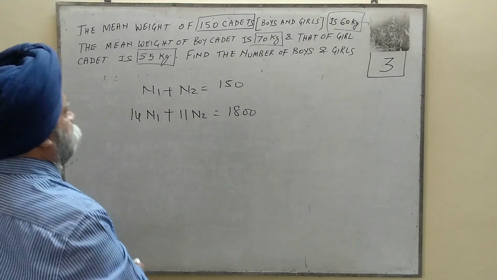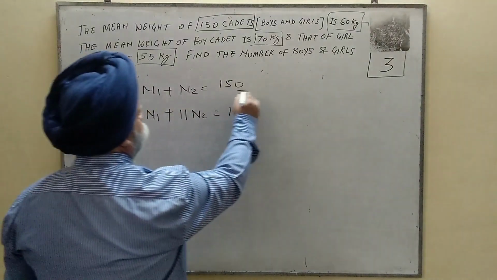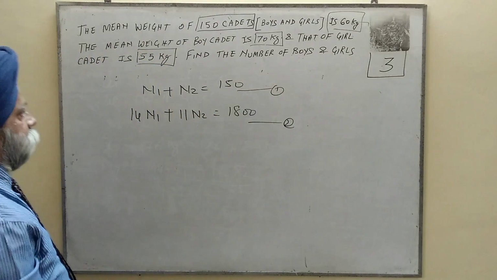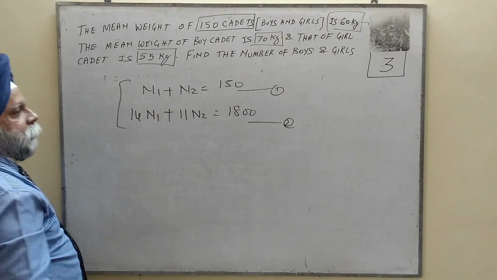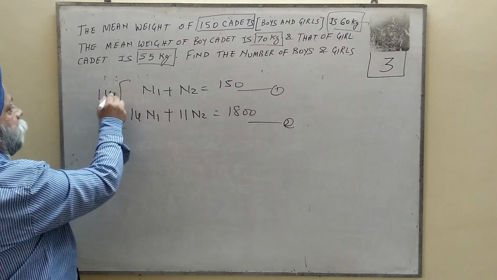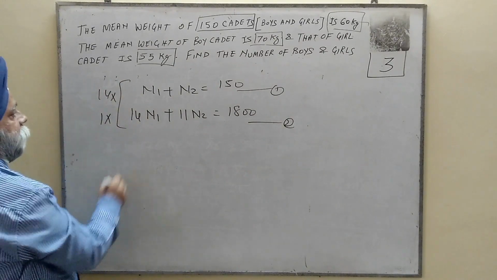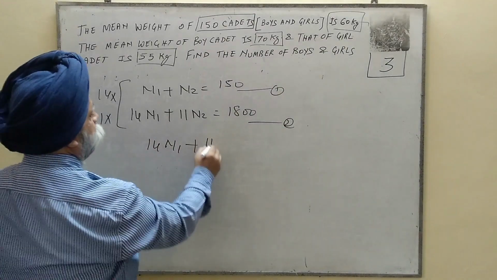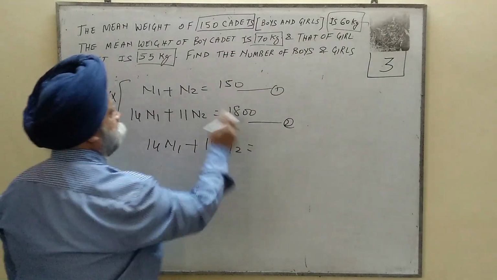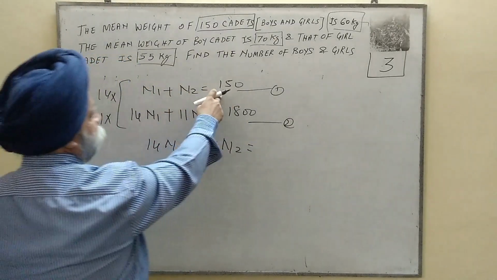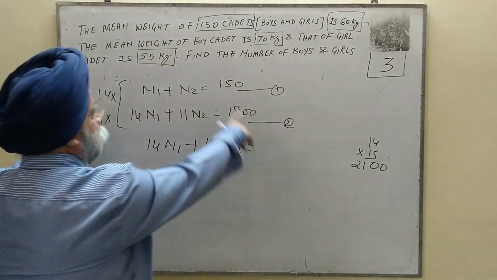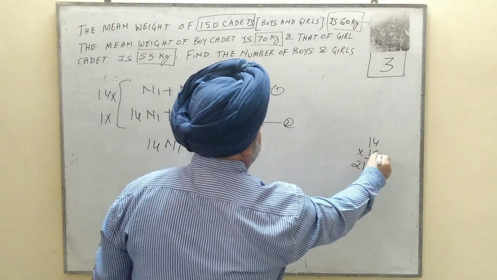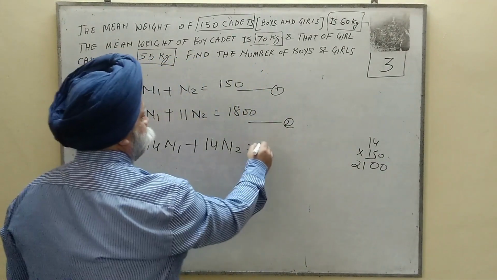Now solving the first and second equation, this is first equation, this is second equation, by linear form. Linear equation, 14 ऊपर मल्टीप्लाई कर देंगे, 1 इधर मल्टीप्लाई कर देंगे. 14 N1 plus 14 N2 is equal to 14 into 150, which becomes 2100.